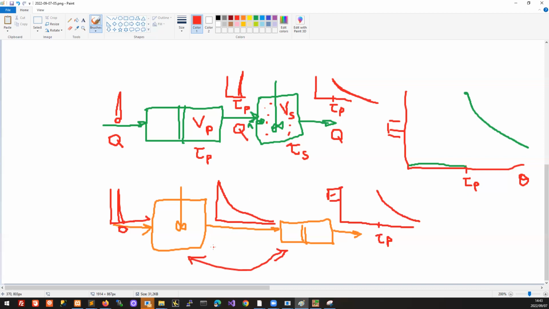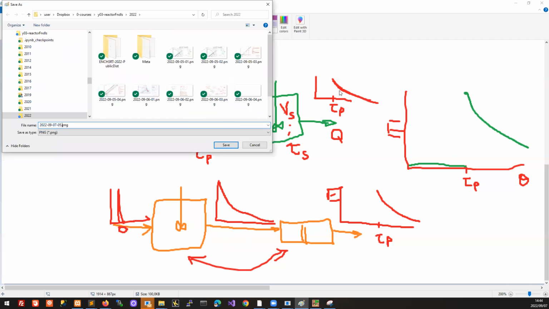That's not the same as before when we were looking at conversion, right? Remember when you put I think it was the PFR first, then you had a better overall conversion. In the case of age, it doesn't matter which way around you do it. Okay, so that's one. Just save that. Now let's think about another case.